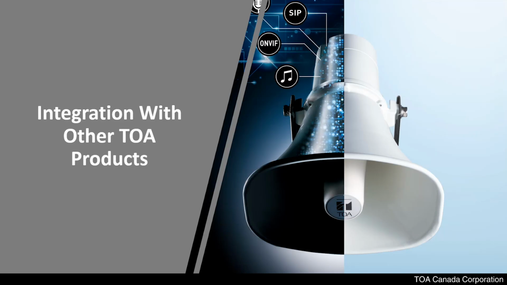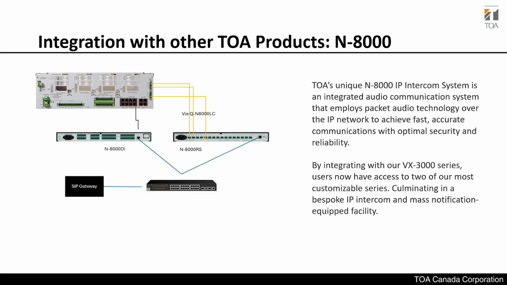And now let's move on to hypothetical integrations with other TOA devices. We are most likely going to deal with integration with SIP systems. Right now, we're working in the background on getting a native SIP integration with the VX3000. That's still in the early stages of product development.